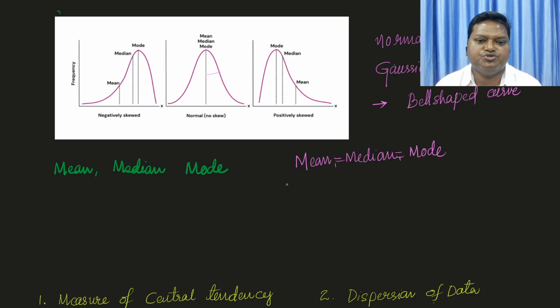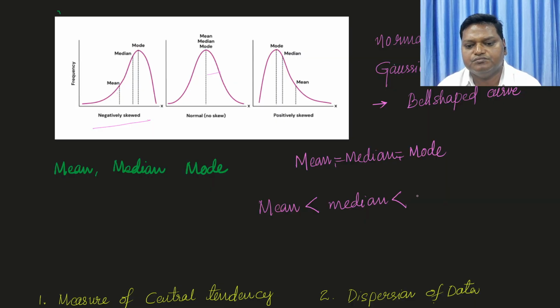But sometimes it may not be the case. You may have more values not at the mean, but more at the other side. Then we say that it is negatively skewed data. In that situation, mean is less than median, and median is less than mode.